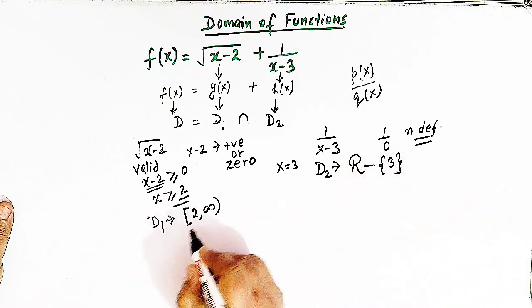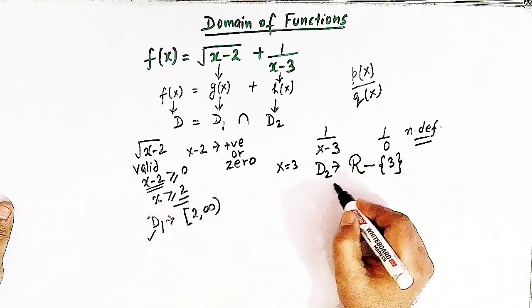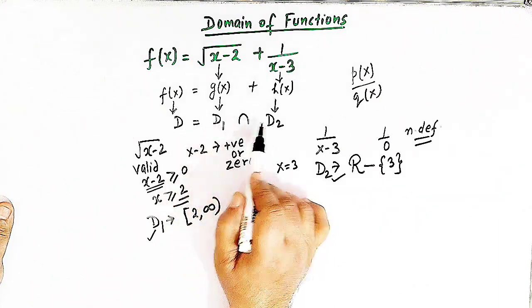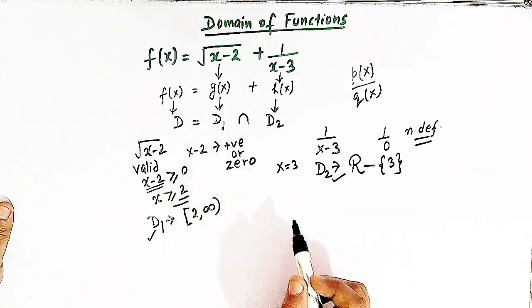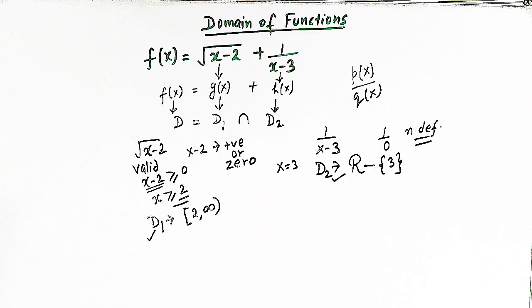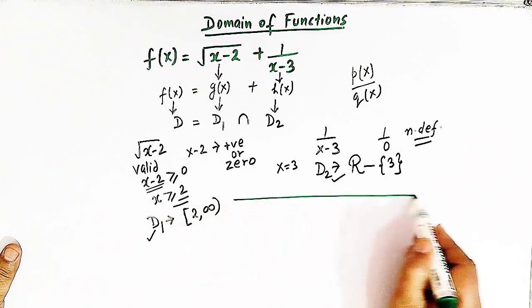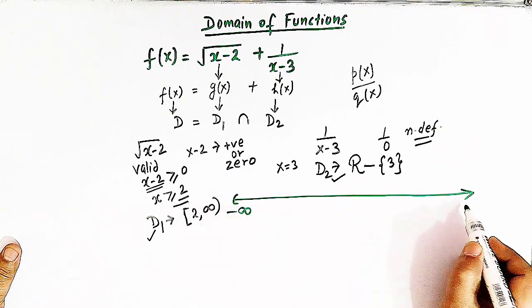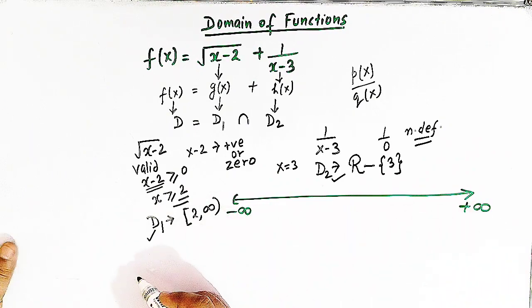So now we have obtained the domains D1 and D2. So let us find out the intersection of D1 and D2 by making use of the concept of a real number line. So here we have the real number line, and this is minus infinity, and here we have plus infinity, right?